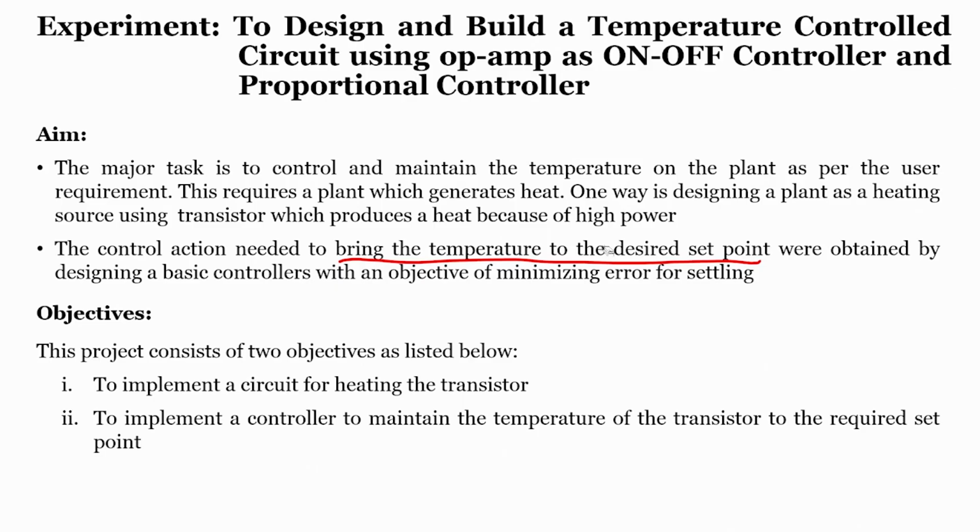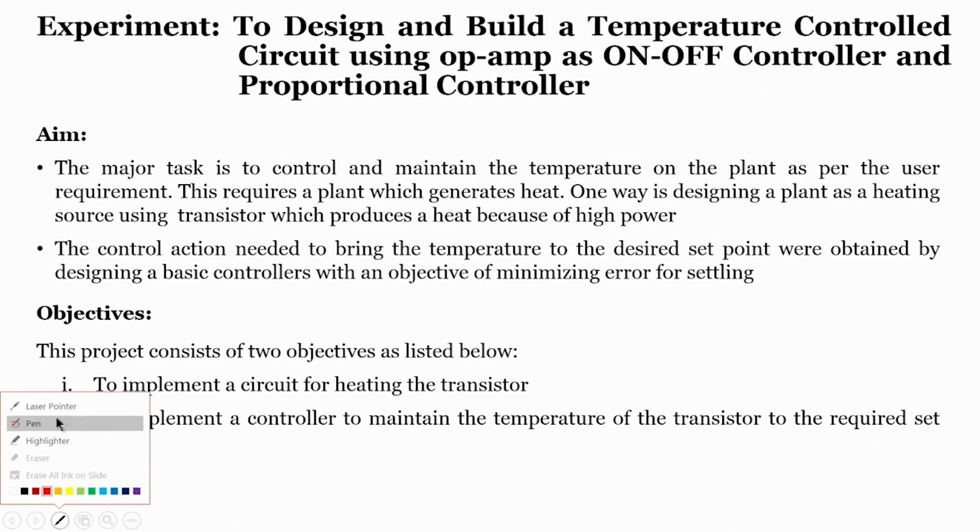In order to control it, we should know the specifications of our plant, how the plant will work. We should also understand how we designed our plant, what input the plant requires in order to heat the system, whether it is a current or a voltage, and how much input voltage, meaning power, we have to give it to heat the system.